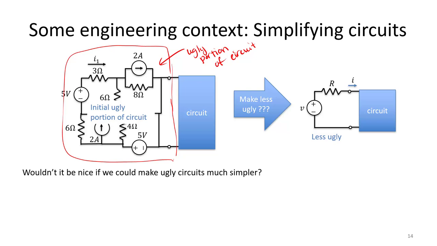So, wouldn't it be nice if instead of having to study and look at this ugly circuit, we could instead replace that ugly part with something nice? It'd be really nice if we could do that, right? Take something nasty and replace it with something simple that is electrically equivalent.